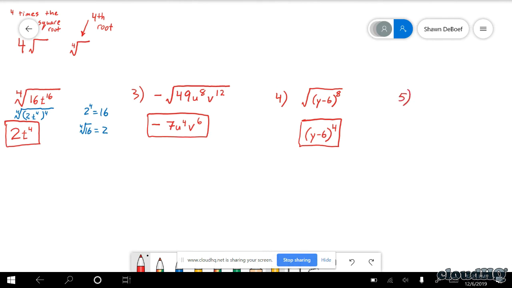Let's look at another root again. Let's look at a 4th root. The 4th root of 81, g to the 16th, z to the 24th.